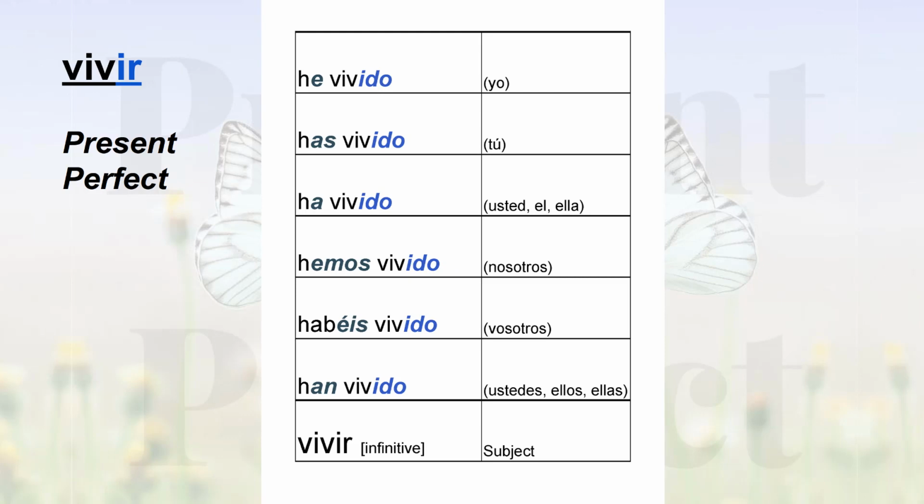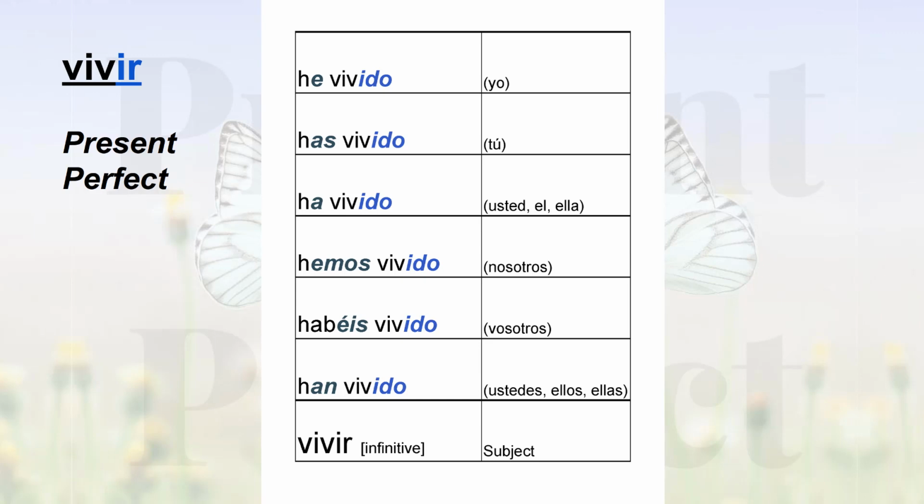Now, what we've learned today about present perfect tense for comer can be applied to IR verbs such as vivir. Let's take a look at it. He vivido yo. Has vivido tú. Ha vivido usted. Ha vivido él.